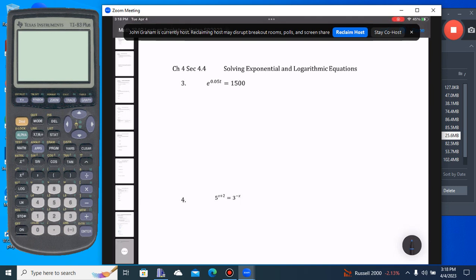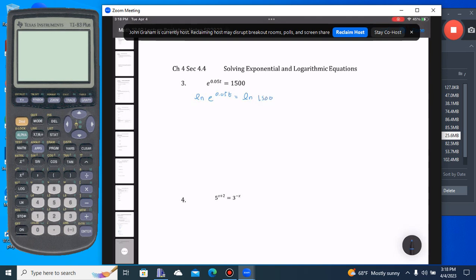With this next one, you get e raised to the 0.05t equals 1500. We take the natural log of both sides. We get the natural log of e to the 0.05t is equal to the natural log of 1500.